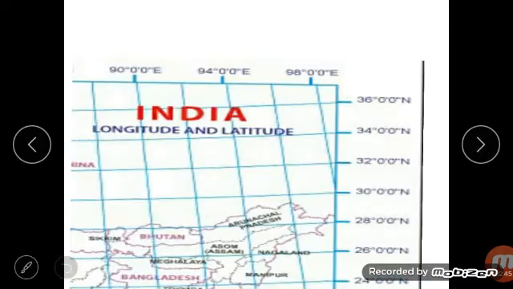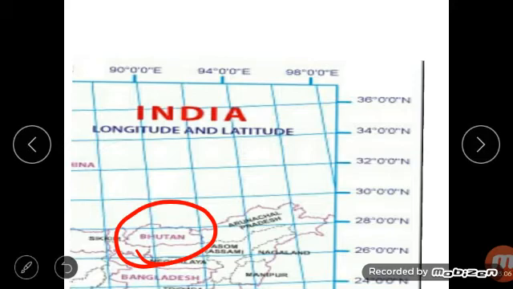So here I am giving you another example. Here you can see clearly the longitude and latitude. This is 90 degree east. If you want to know the location of Bhutan, I am taking the example of Bhutan because I can easily show you.